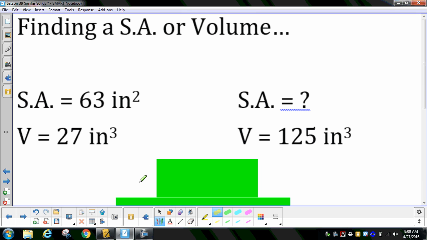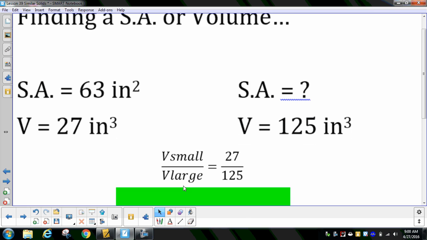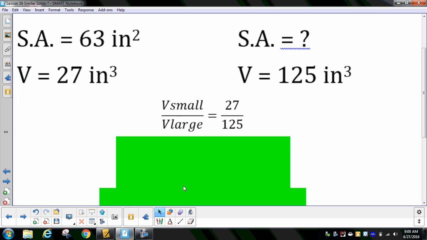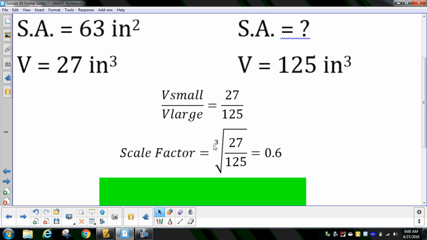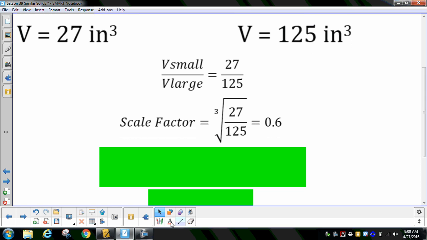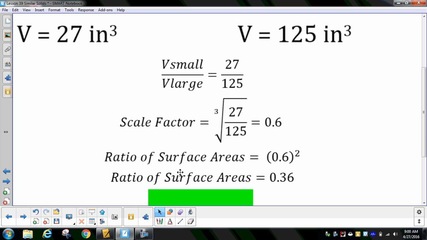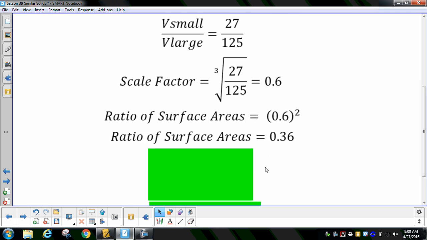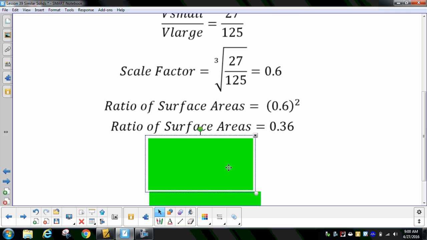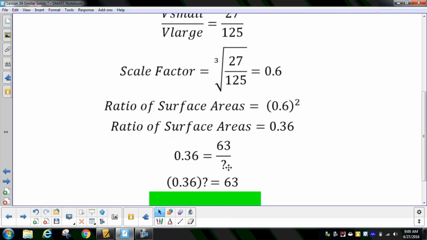I want to do an example here where we have the volumes and we're looking for a surface area. So I write the ratio of volumes. And then I'm going to cube root that ratio so I can get the scale factor, which is 0.6. Since I need to write a ratio of surface areas, I'm going to square the scale factor. 0.6 squared is 0.36. And then I can write an equation.